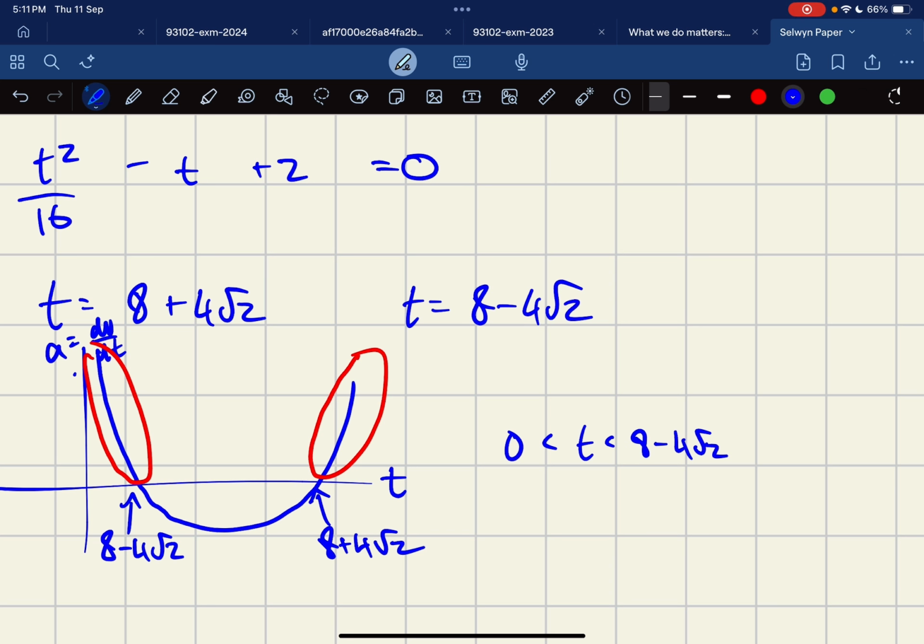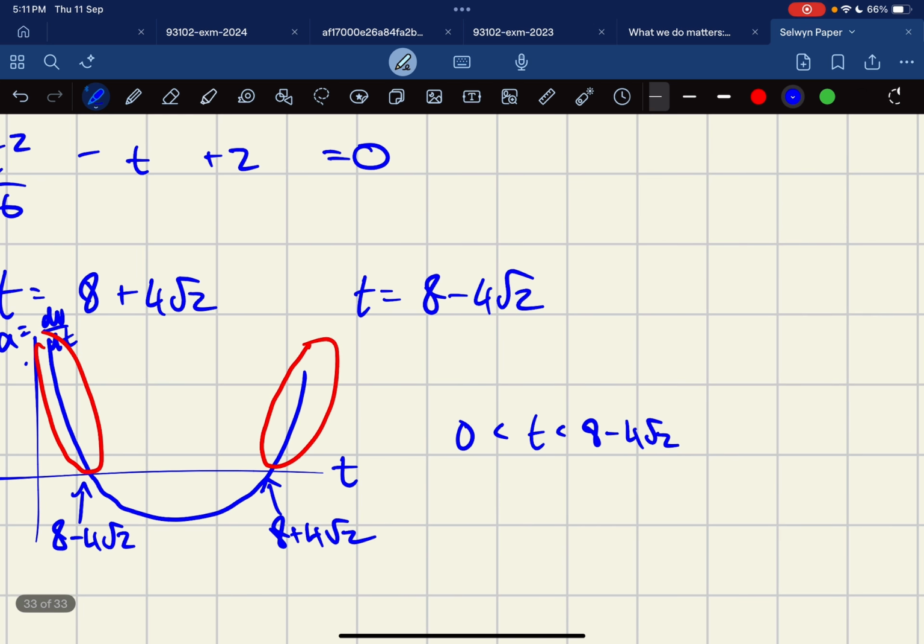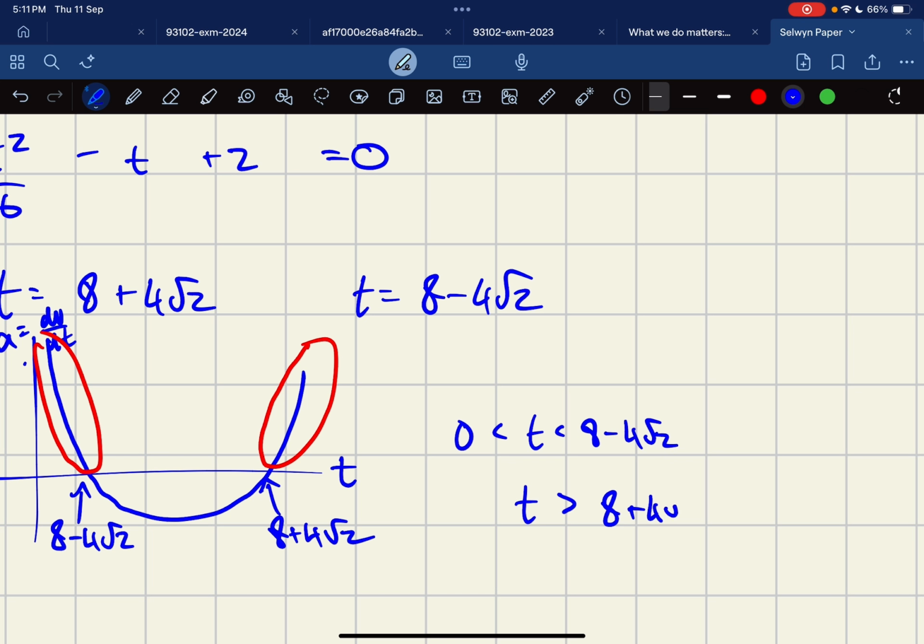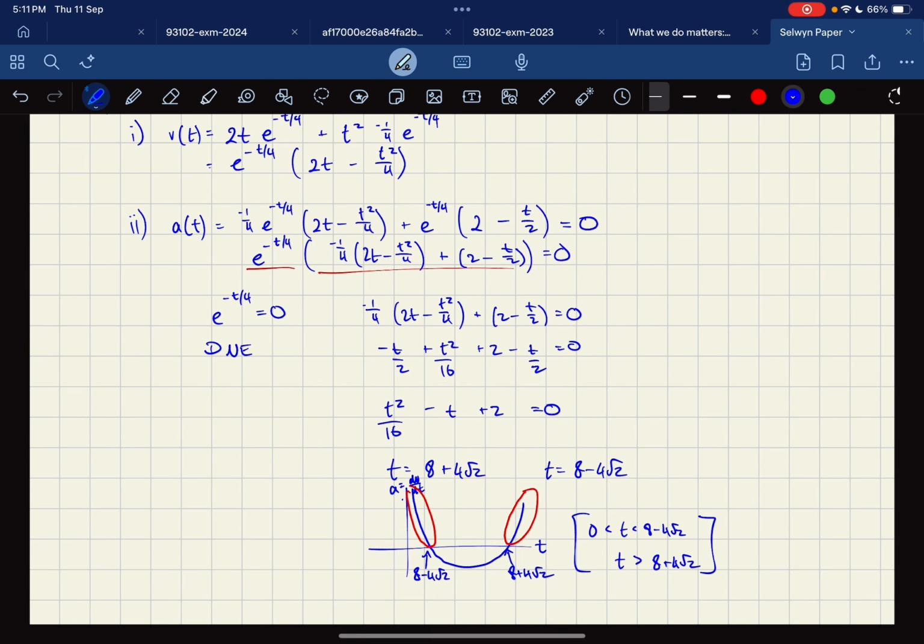And you need to bound it by 0 as well, because time cannot be less than 0 or negative. And then also when t is greater than 8 plus 4 root 2. So those are your two time frames of which the velocity is increasing. Those are your answers.